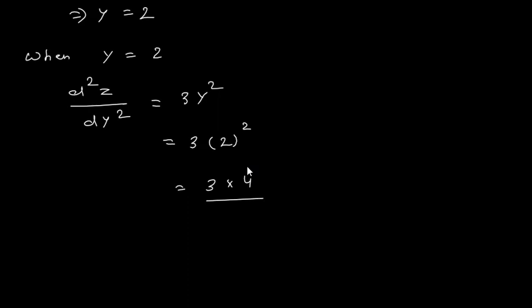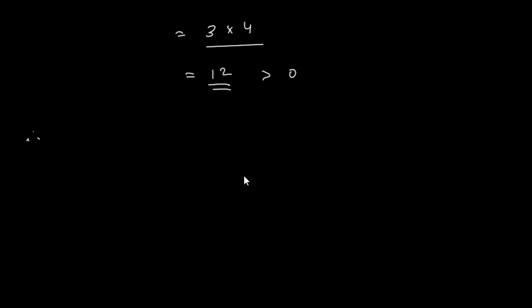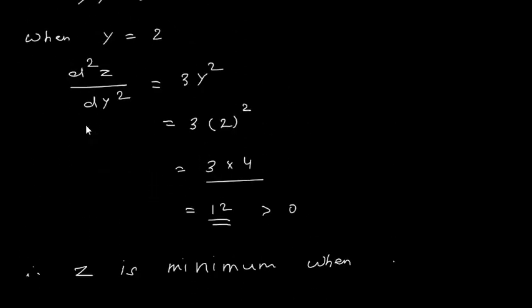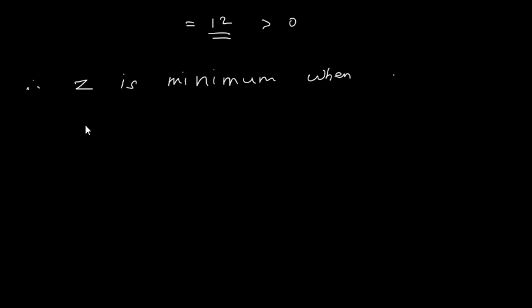So 3 4s are 12. Now this 12 is greater than 0. So therefore z is minimum, or z will be minimum when the value of y is 2.